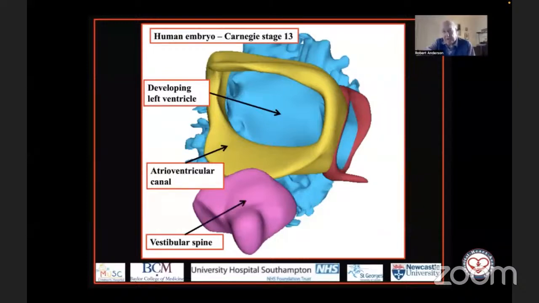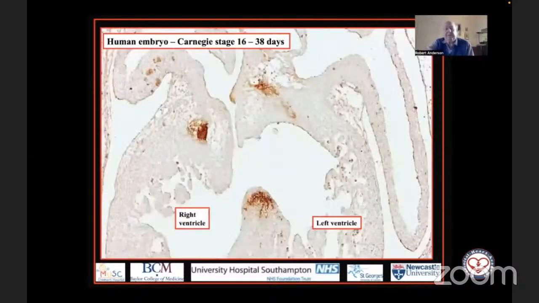I'm going to show you the importance of that as it separates the atrioventricular canal into the right and left atrioventricular orifices. But now you can also see the location of the primary ring, and at this stage, you will see that it is confluent with the rightward margin of the atrioventricular canal. It's surrounding the primary interventricular foramen.